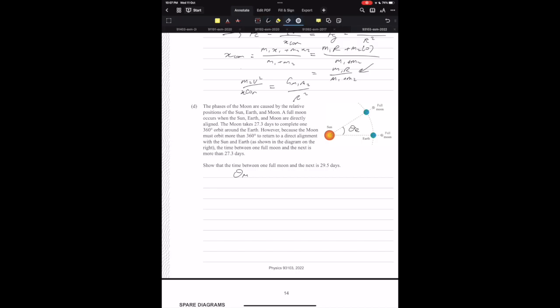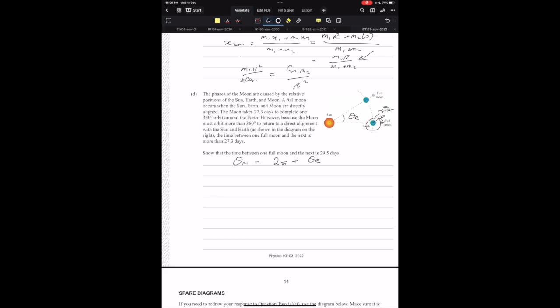It would rotate from here all the way to here and then back again. So let's call that theta m, hard to see, but that's just the full rotation of the moon. That is basically 2 pi radians, the full orbit, plus another theta e to catch back up with the earth.